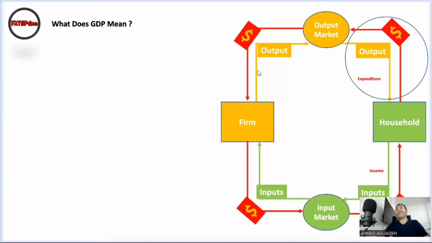So what we are interested in now, when we ask what the GDP means, is to measure the amount of money, or the value of the goods and services produced by the market, and we need to see how much it's growing. So we can measure the amount of money in this area. Why can I not measure it here?